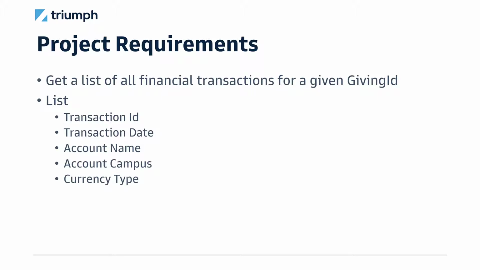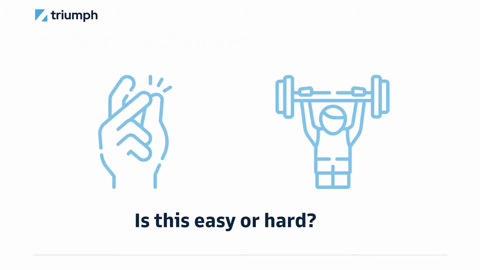So the first thing in your head is like, is this going to be easy or is it going to be hard? At first, it probably sounds easy, and there's actually a few little tricks in there. So it's probably not crazy hard, but it's not as easy as probably what you're thinking when you start.